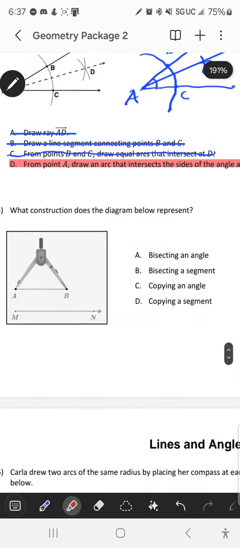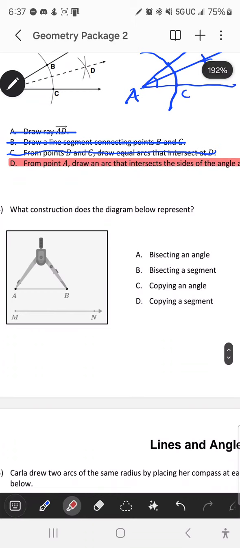Now let's see 4. What construction does the diagram below represent? Okay, let's see. First, bisecting an angle. There is not even an angle here.